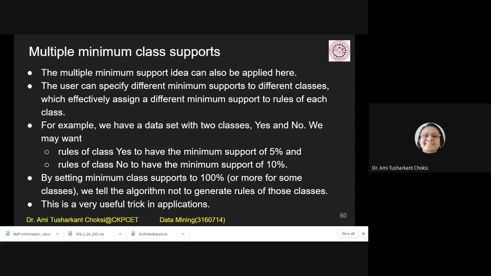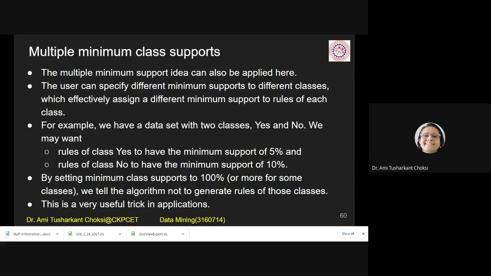What is this? If we are having, say, a food category, like bread, butter, we can set the minimum support as 70 percent for them because they are frequent items, or you can say they are frequently being sold.